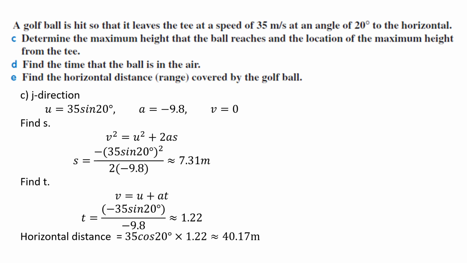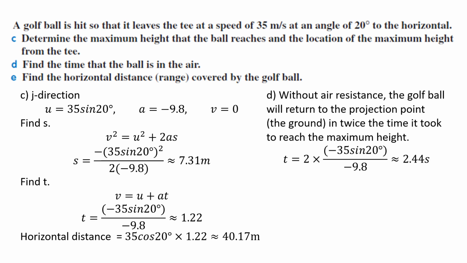Now, D and E, as we suggested last time, we could simply say the time that the ball is in the air will be, of course, double the time it takes to reach the maximum height, this being a situation of perfectly symmetrical parabolic travel through the air. It'll be double 1.22 is the time that the ball is in the air in total.